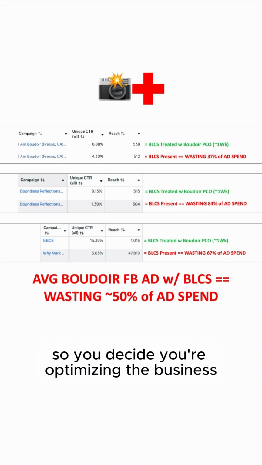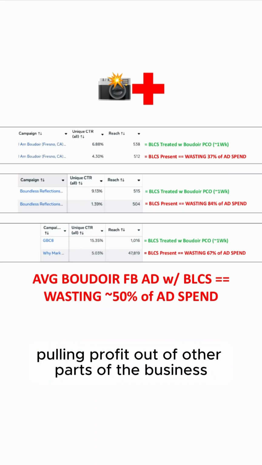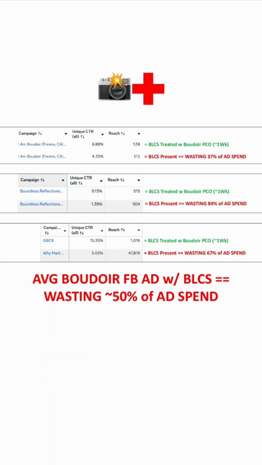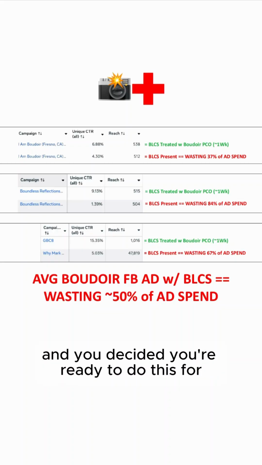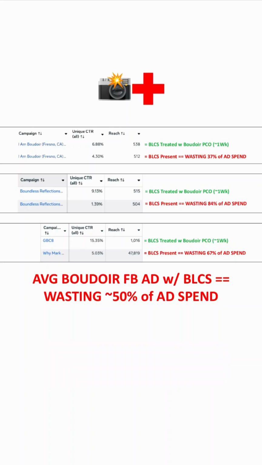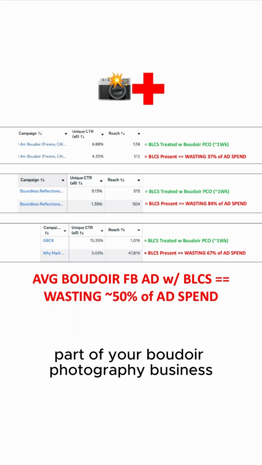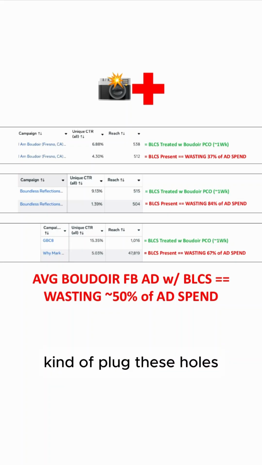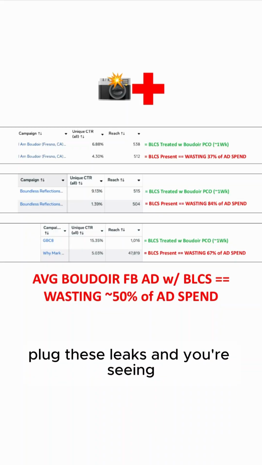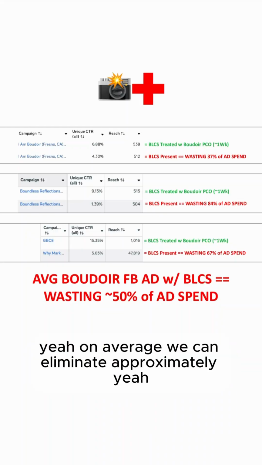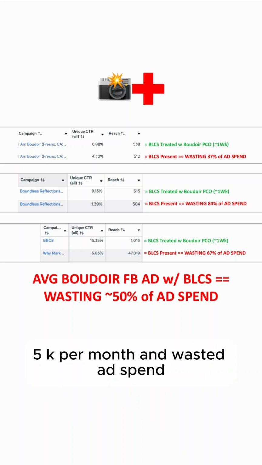So you're seeing more saturation, harder to get clients, and you're also seeing inflation in living costs. So you decide you're optimizing the business, pulling profit out of other parts of the business, and you decide you're ready to do this for the Facebook ads part of your boudoir photography business, plugging these holes, plugging these leaks, and you're seeing, on average, we can eliminate approximately 5K per month in wasted ad spend.